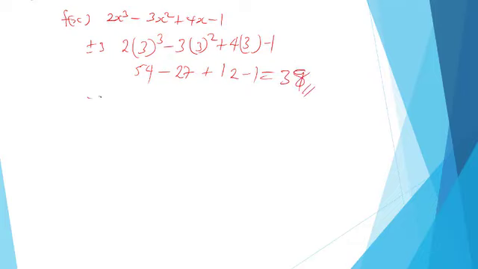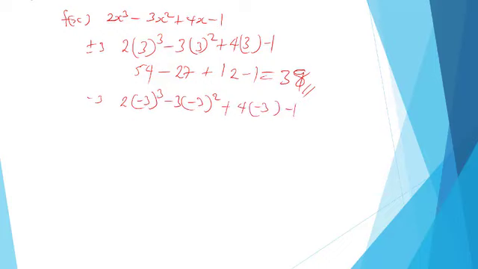Now let's try minus 3. Now we are going with minus 3. We now have 2 times minus 3 raised to power 3, minus 3 times minus 3 squared, plus 4 times minus 3, and minus 1.